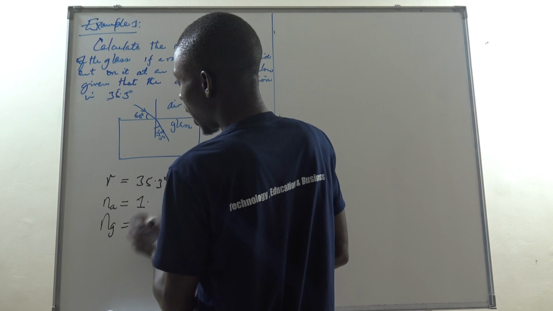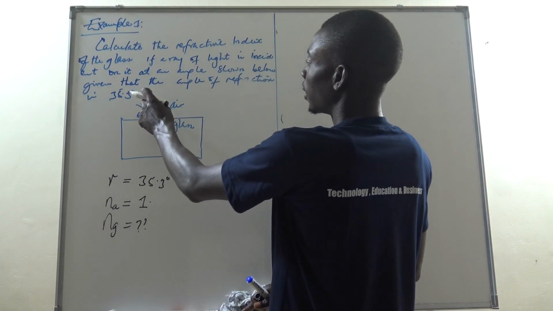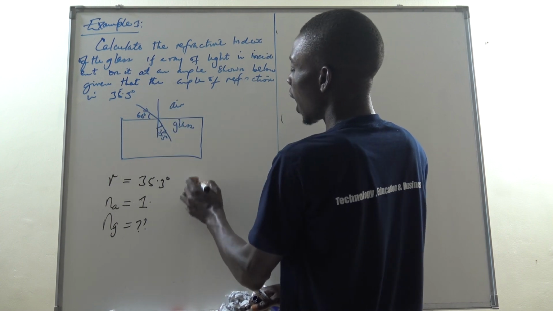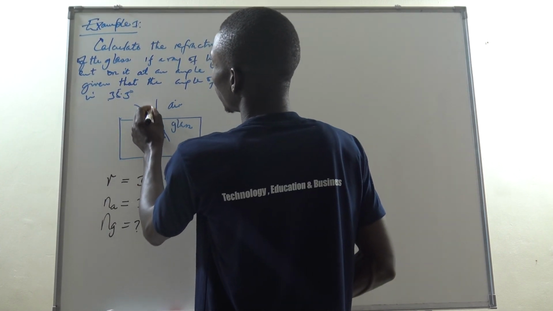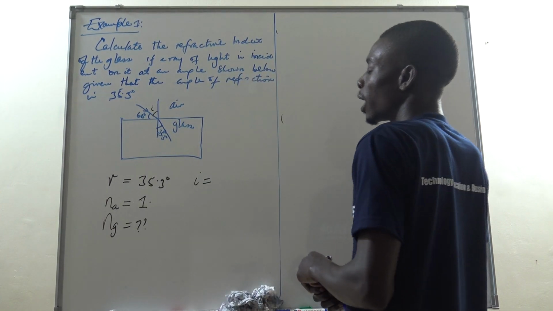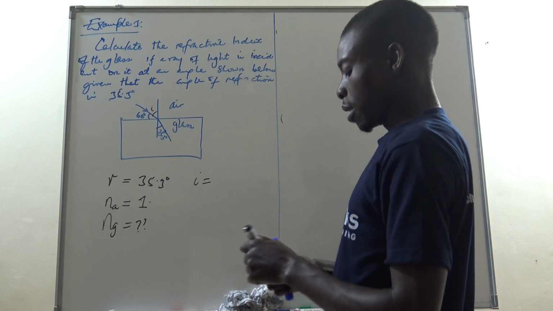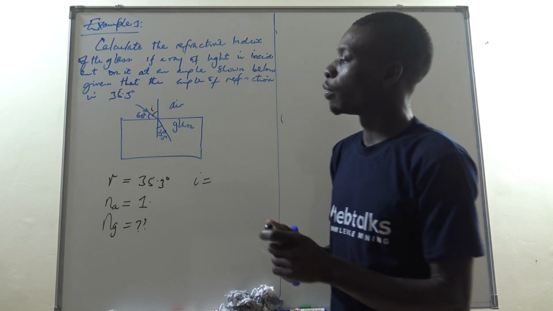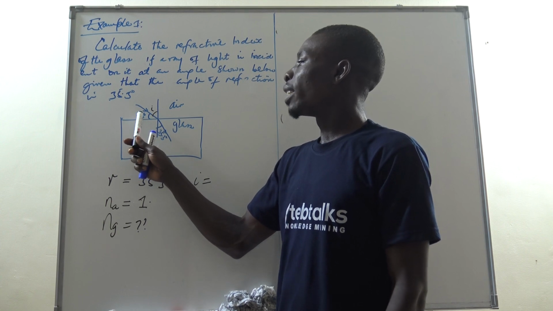Okay? And you should also know that we should have the angle of incidence. But if you can remember, the angle of incidence is supposed to be this one here. So therefore, we cannot use 60. Please, you should understand such tricks that they make for you. If they give you 60 here, this 60 is not the angle of incidence.